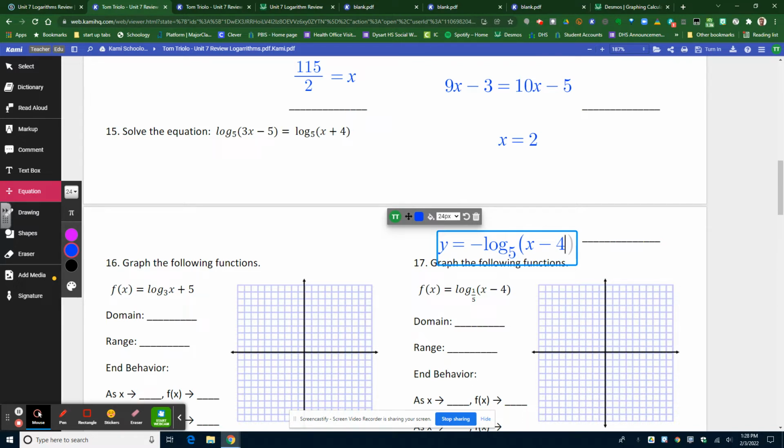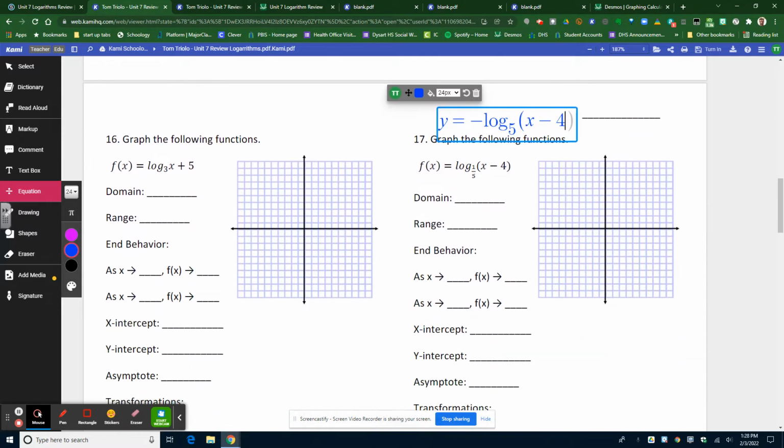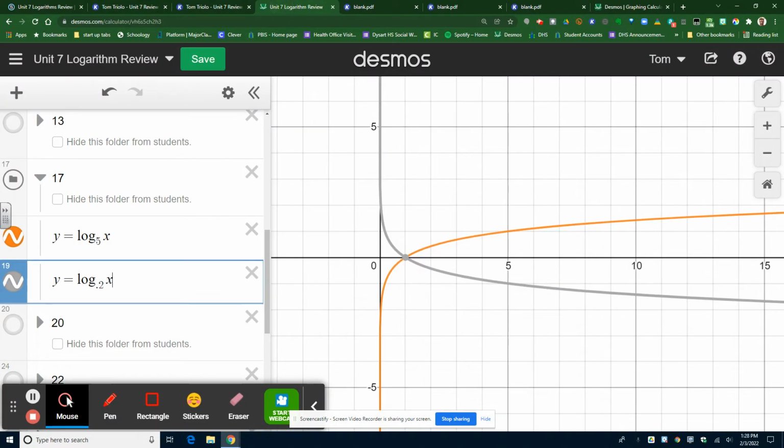Okay? So see if you can at least figure out the range. All right. So range will always be, for logarithmic functions, if I take a look at my graph, so let's just turn this one on.